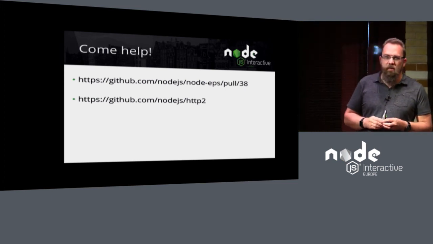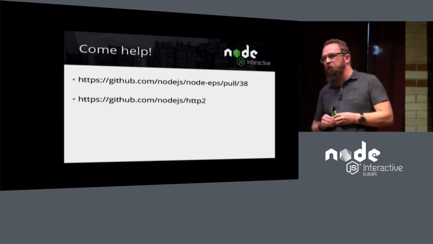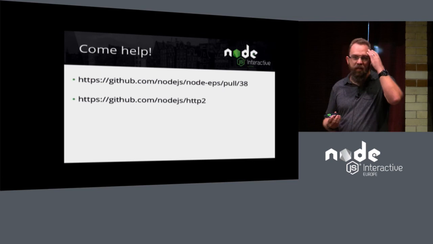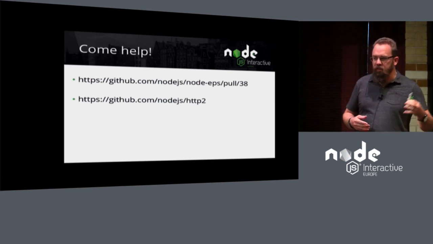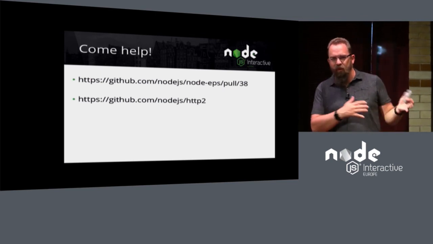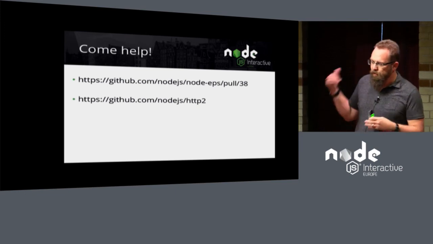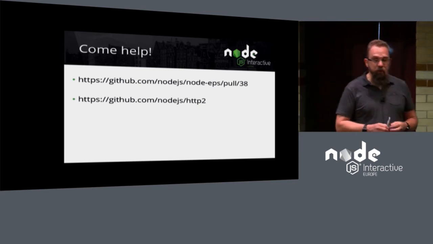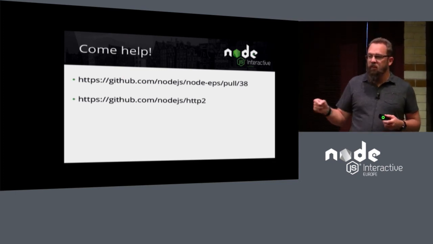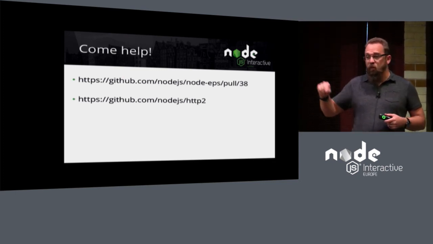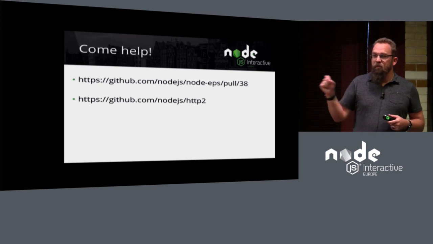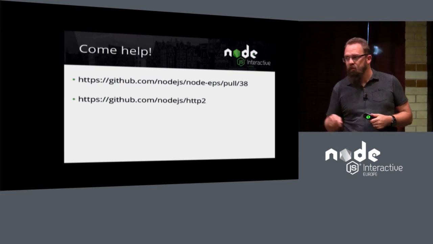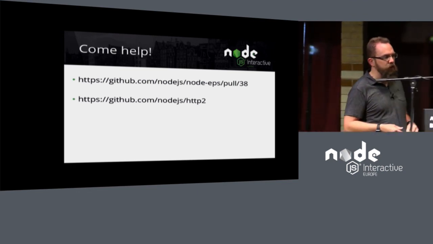This is where we have all the sticky conversations about how do we actually make these improvements without breaking everybody. There's a number of conversations happening there. Things related to the ES6 modules are going on in the EPS repository. The stuff with H2 is happening there. There's a variety of different conversations. So if you're very interested in the direction Node is going, the EPS repository is definitely something to keep an eye on and to jump in and get involved with. Okay, some very interesting conversations happening there.